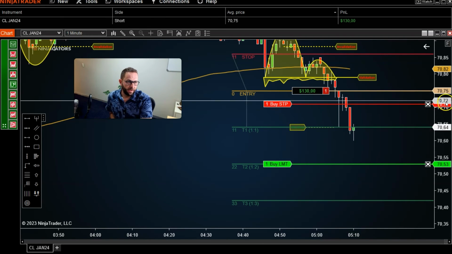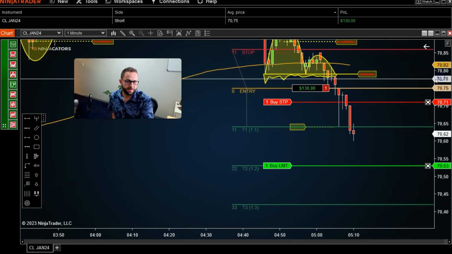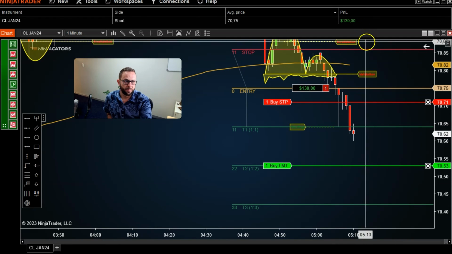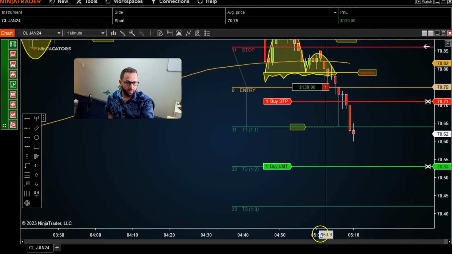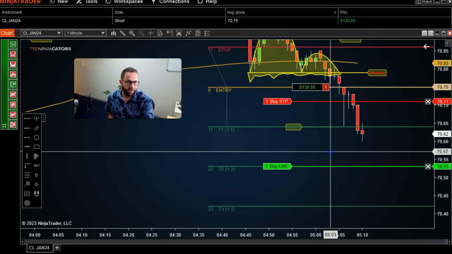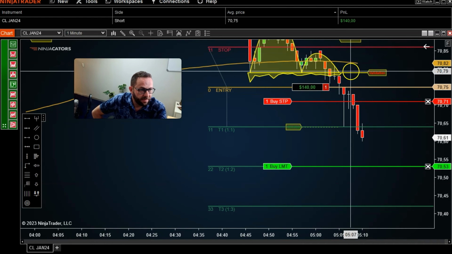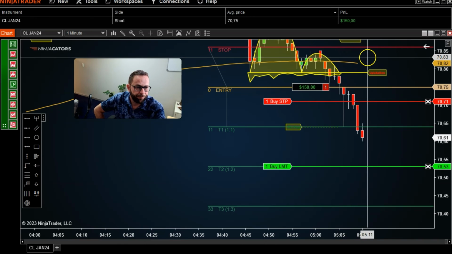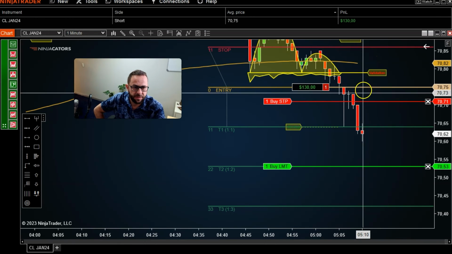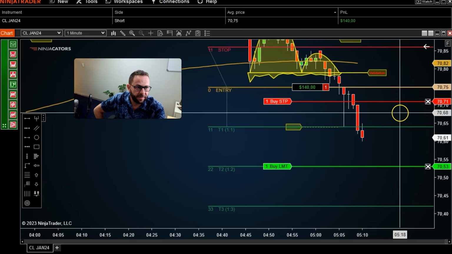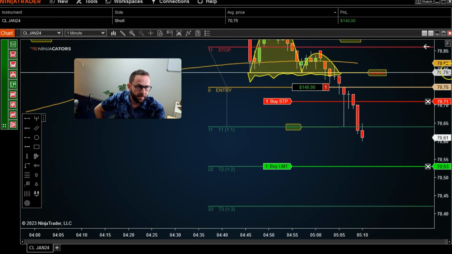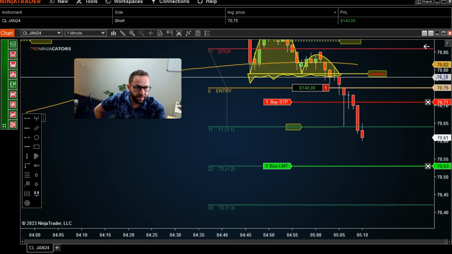Hopefully that's it through a bounce, but that's fine. Booked profit already, even if I get stopped out on the remaining position at 70.71. That's an extra 4 ticks. It's not too bad. $110 on the first one, 4 ticks on the second. If it takes me out at 70.71, decent profit for a scalp.